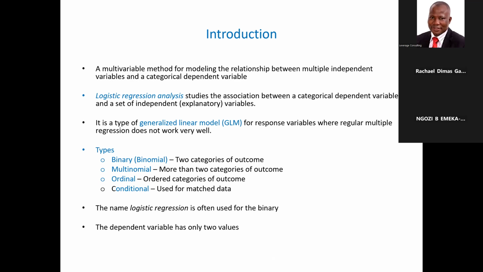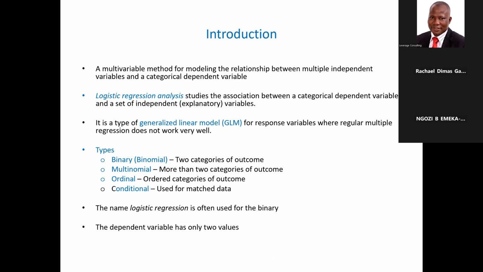Under logistic regression, you can have binary or binomial logistic regression. That is when the categorical outcome variable has two possible values, like alive, well, yes, no. The outcome variable is only one variable, but the possible outcomes may be two, that's binary. It may be more than 2, 3, 4, 5, that's multinomial.